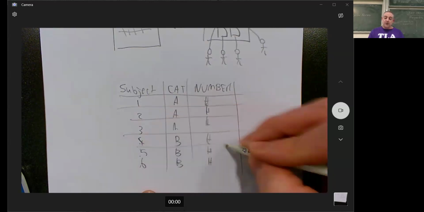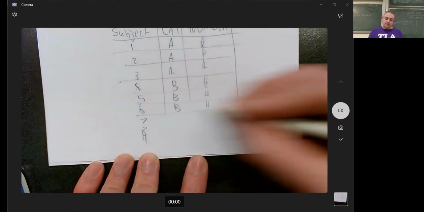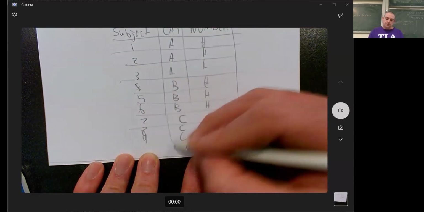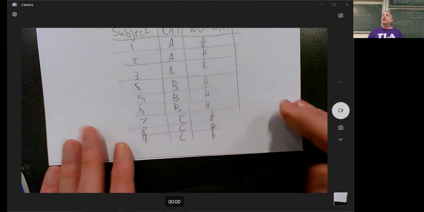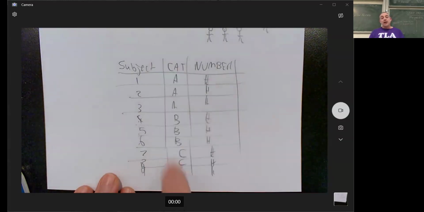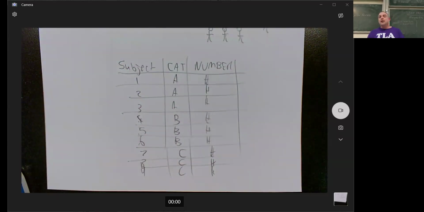And the data will tend to look like that. The categories may all be mixed into each other. That's possible. The computer doesn't care. It can tell what to do in R. But if your data's set up like this, then you can do ANOVA.